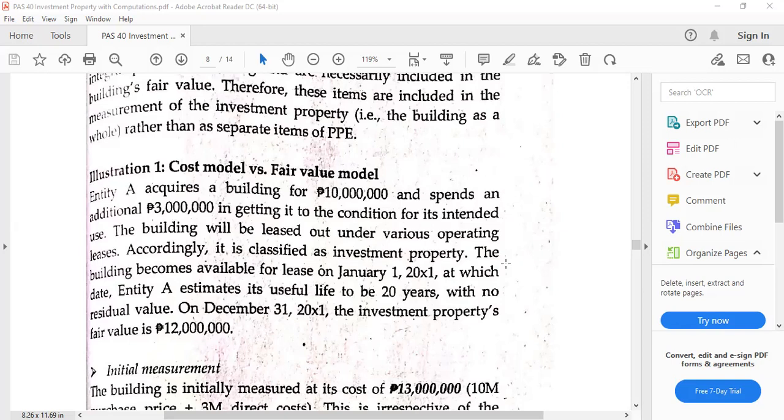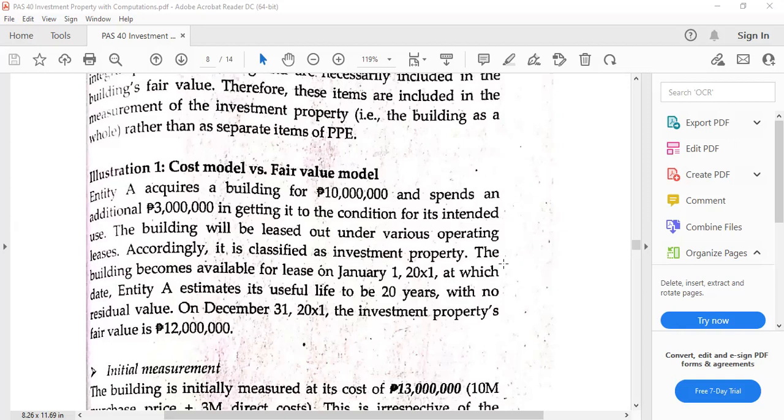However, for the two models, we really have to know the fair values of our investment properties, provided that they are, of course, available in the market, or we can know such. And also another thing is that for cost model, follow IAS 16 or PAS 16 provisions. So the carrying amount will be cost less accumulated depreciation and impairment losses.